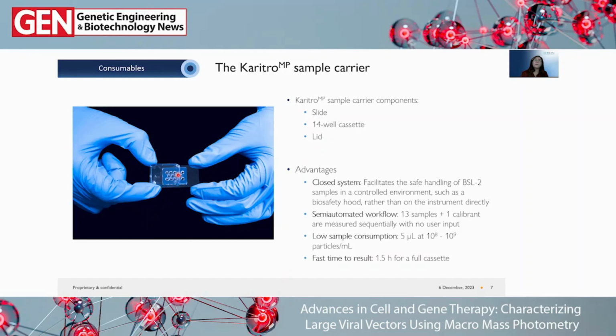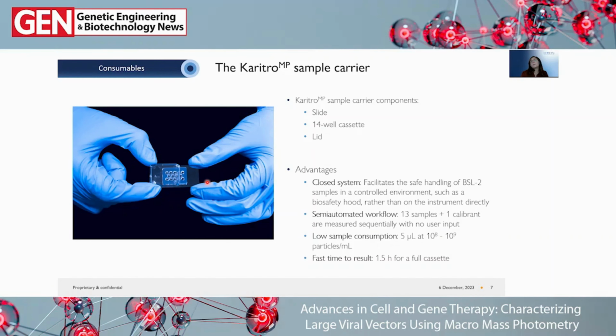Once this has been preloaded, the cassette closed with the lid and transported on top of the machine, from that point onwards, the user is not required to have any input into the measurement, allowing for a semi-automated workflow. The well dimension allows for very little sample consumption.